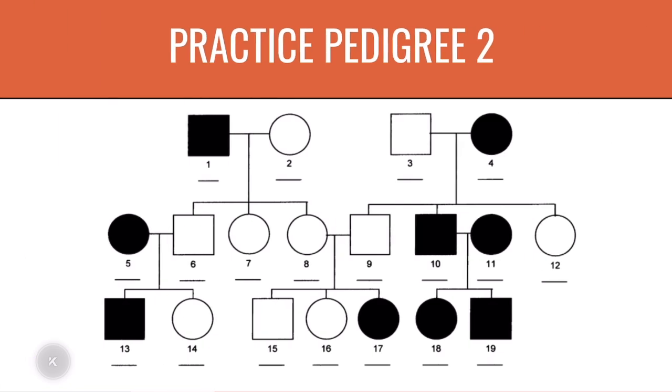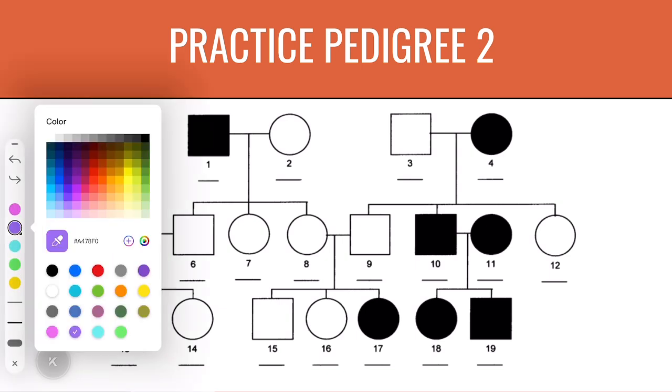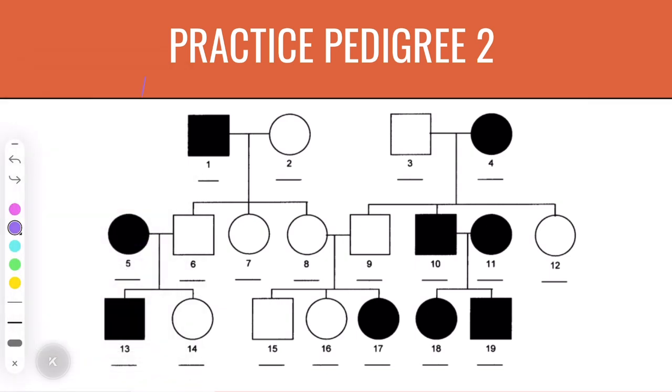Moving on to our next practice, I'm looking at this and I'm noticing that 4 males are impacted and 5 females are impacted. So most likely this is going to be autosomal.